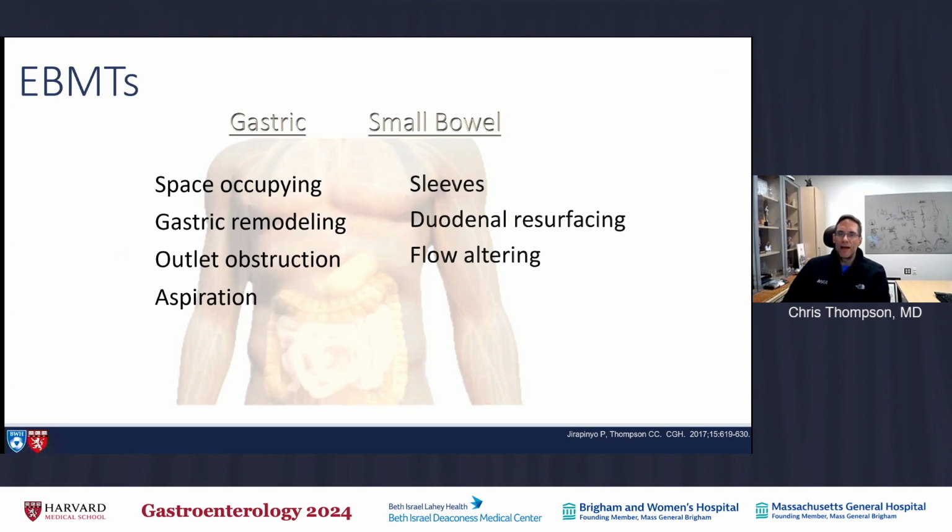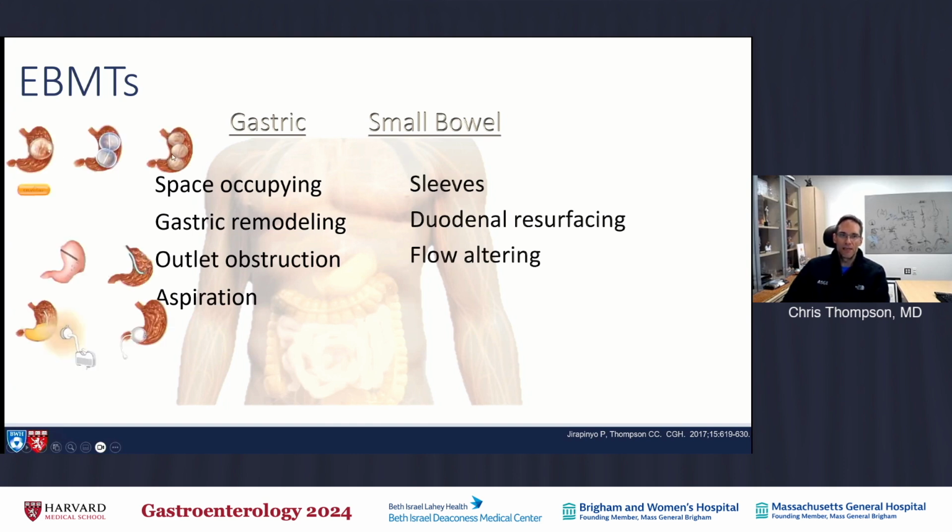So, endoscopic bariatric and metabolic therapies, or EBMTs, can be broadly classified into two categories: the gastric devices and the small bowel devices. The gastric devices are seen here. There are space-occupying devices like intragastric balloons, and there are various types. There are gastric remodeling procedures that require different devices to plicate or suture the stomach together.